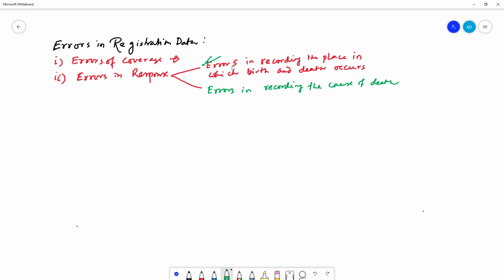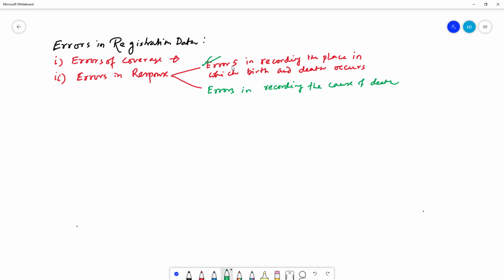And in errors in recording the cause of death, this happens. One, the cause of death may be unknown to the informant. Two, the cause of death may be willfully misstated because it may be associated with some social stigma, for example leprosy, tuberculosis, alcoholism, or suicide.